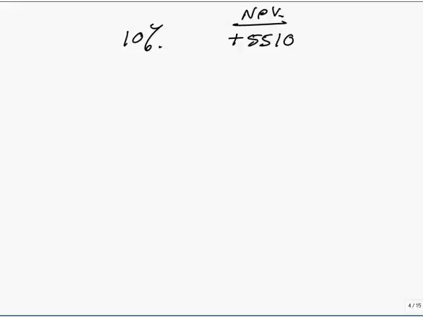Note 4, for the same project, it says the net present value at 15% is minus 2060. We could calculate ourselves, obviously.